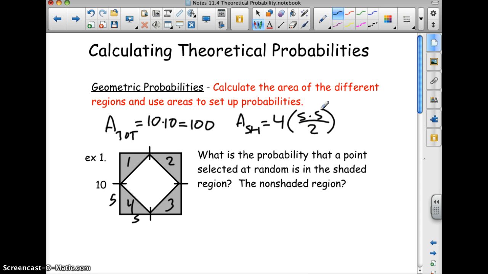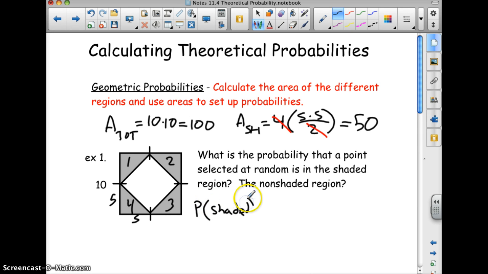So that's going to be 25 over 2, and I can cancel the 4 and the 2 there. See, the 4 and the 2 can cancel, and you get 2 times 25, which is 50.